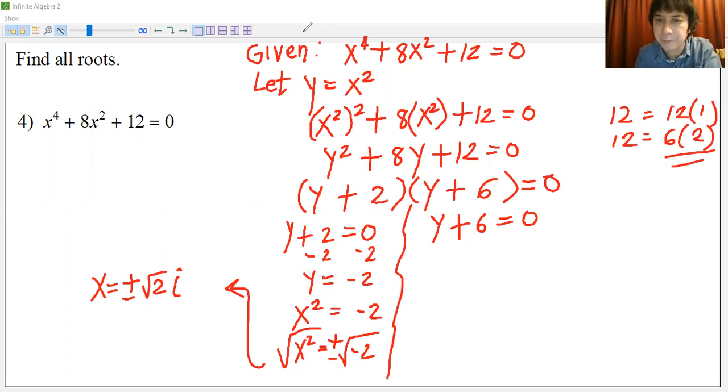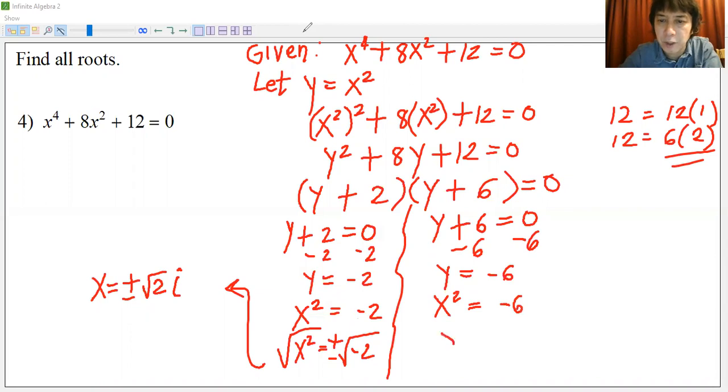Okay, let's proceed to y plus 6 equals 0. This is minus 6 and minus 6. y is equal to negative 6 there. Okay, going back to our substitution, y is equal to x squared. We can now substitute back. x squared is negative 6.